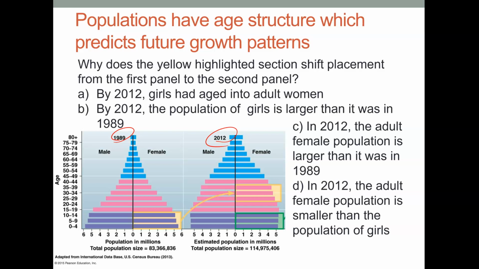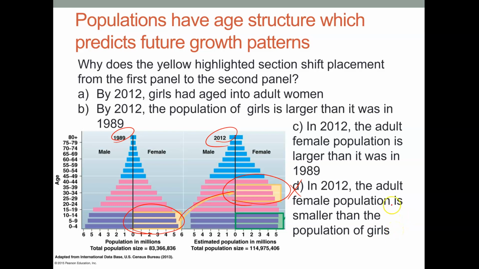So let's see. From 1989 to 2012, we're looking at about 20 years, a little bit more than 20 years. So this population of females is now this age. In 2012, the adult female population is smaller. No. In 2012, the population is smaller than the population of girls.